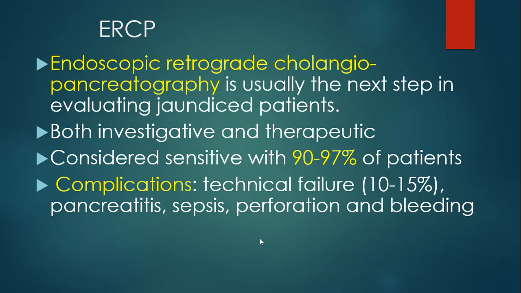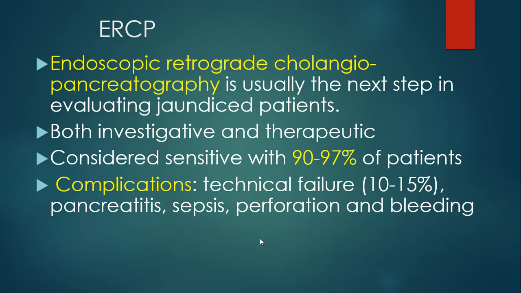Considered sensitive in about 90 to 97% of patients in the way of diagnosis. We can also take brush cytologies, to help see the malignant cells in those areas. But it is also associated with complications.